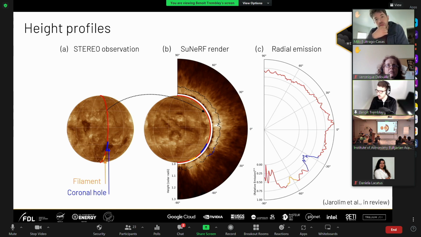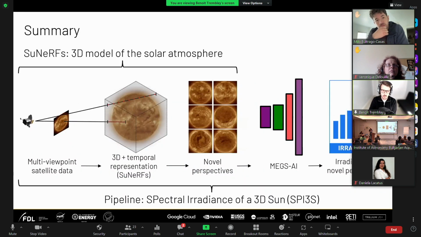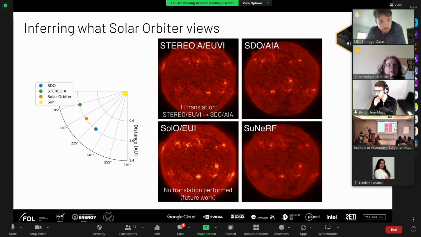One example that I can show, which I have as a backup, is where we only use STEREO A and SDO AIA, so 2 viewpoints. Not a lot of separation angle, but we can still try to make a reconstruction for the range that we have access to. With this, we tried to reconstruct what Solar Orbiter should be seeing. The images used for training are shown on the top.